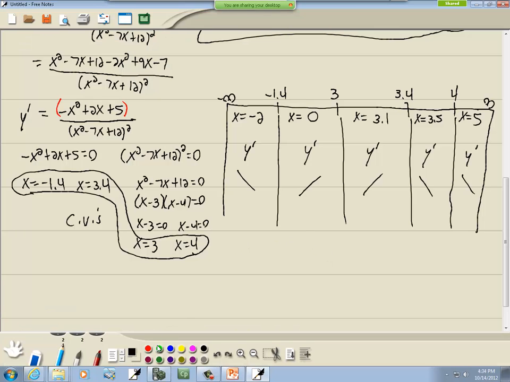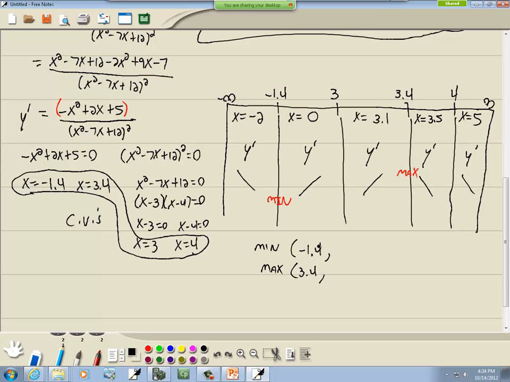Okay, so this means this is decreasing and then increasing, so this is a min. This is increasing and then decreasing, so this is a max right here. And I say that because those values actually exist. So we're going to have a min at negative 1.4, and we'll have a max at 3.4.